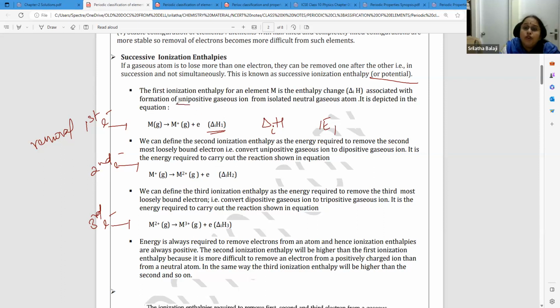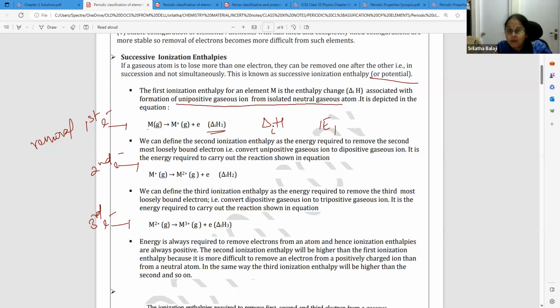It's the formation of a unipositive ion from a neutral atom. Please remember the equation: M gaseous forms M plus gaseous. So there is a unipositive gaseous ion formed from an isolated neutral gaseous atom. That's the first ionization enthalpy.